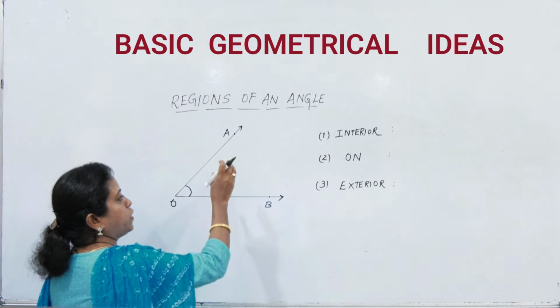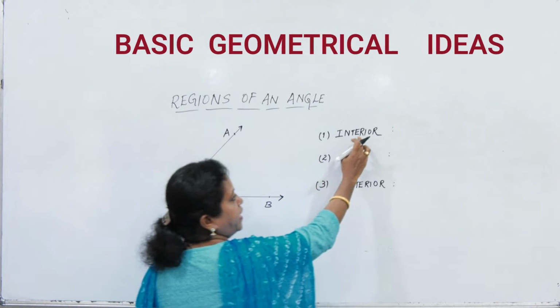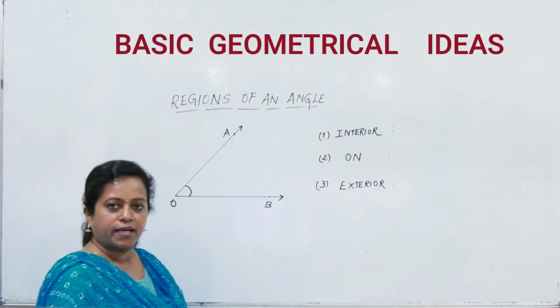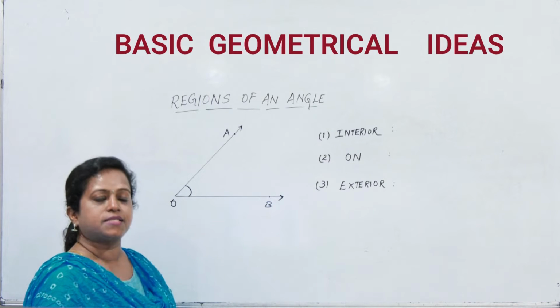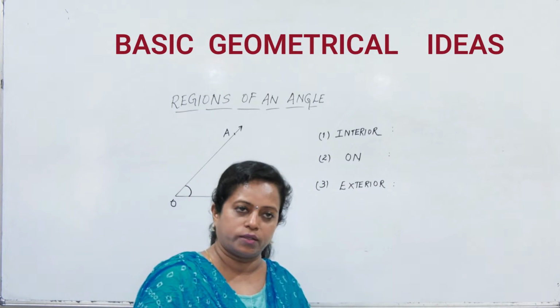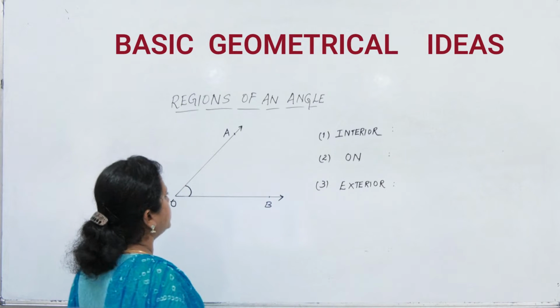And suppose you are talking about the point which is inside this portion, that will be referred as the interior of the angle. And suppose any point which are on these rays, then that will be called as on the angle.